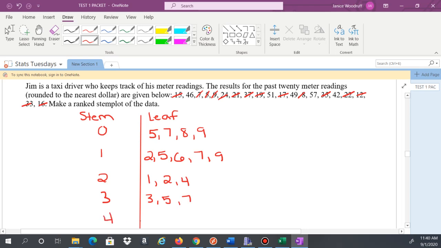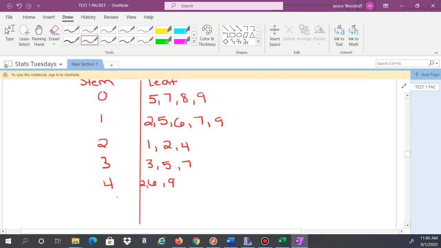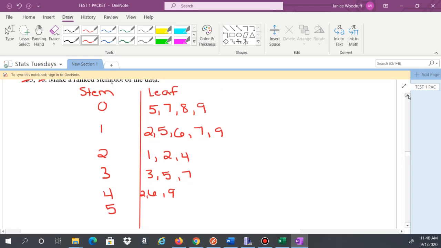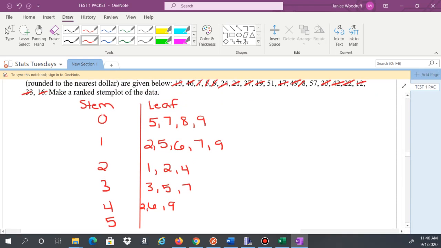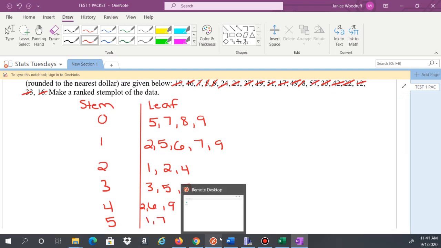And in the 40s, 46, 49, 6 and 9. I missed one. 2, 6 and 9. There you go. And then in the 50s, 51, 57. All right, and that's all you have to do for that stem plot.